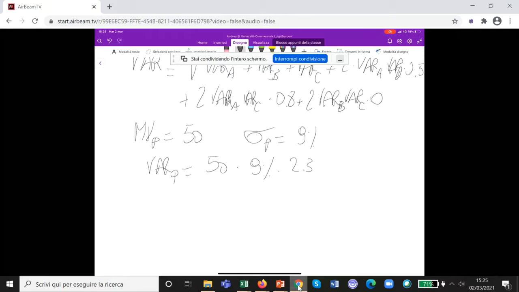So, for example, the equivalent position on the market index would be equal to stock A, 15, times its beta, which is 1.4, plus stock B, 15, times its beta, which is 1.2, plus the value of stock C, which is 20, times its beta, which is 0.8.